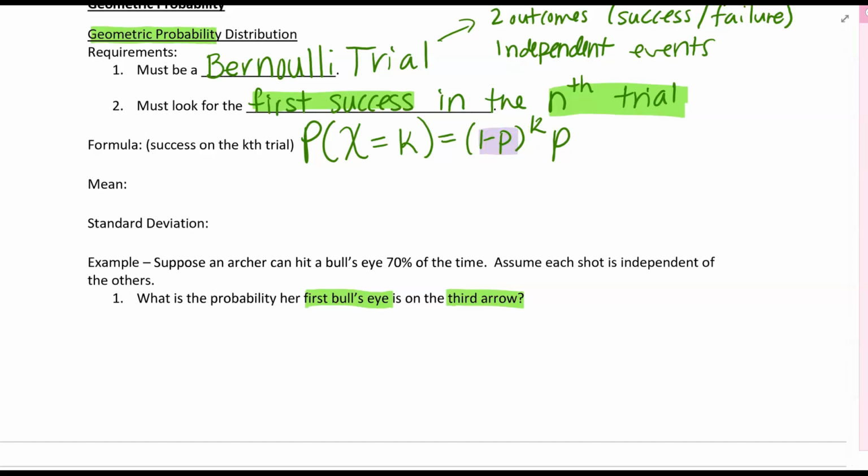What is 1 minus p usually? Come on, we can program. 1 minus p, we use q normally in this class. We've always used q. Q is 1 minus p, okay? So this is the same thing as q to the k power times p.